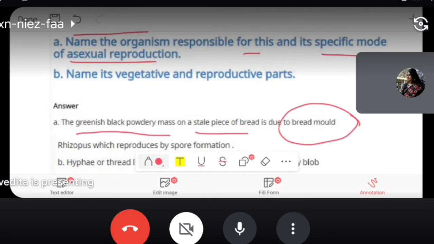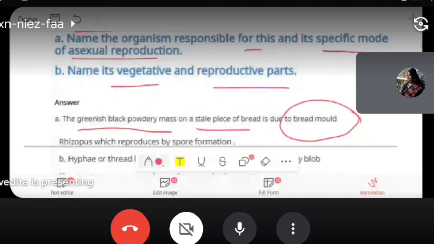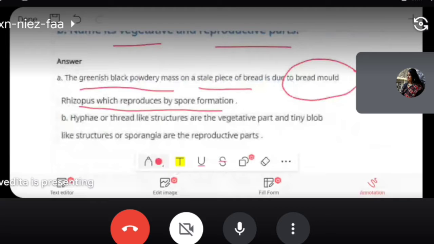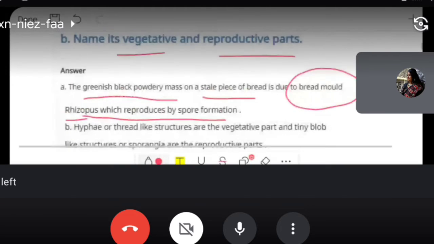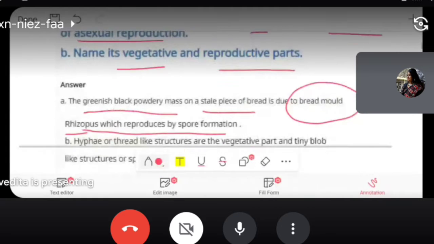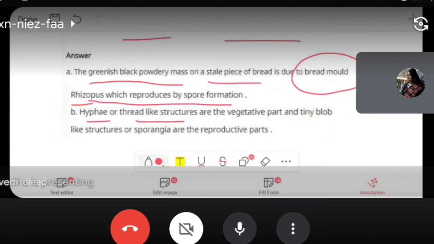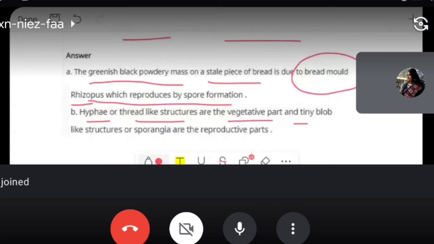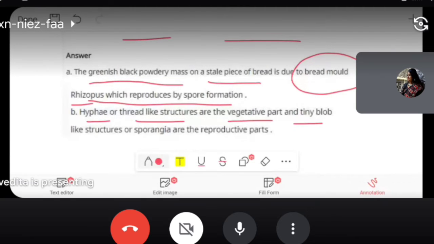Name its vegetative and reproductive parts. So it is Rhizopus, which reproduces by spore formation. The hyphae, or thread-like structures, are the vegetative part. In the spore formation we have seen that in the case of Rhizopus they look like this, and they have some hyphae.